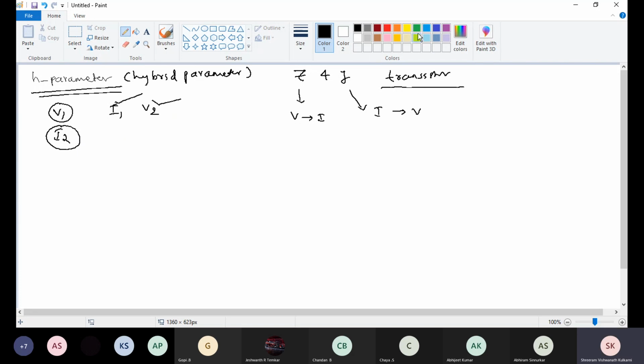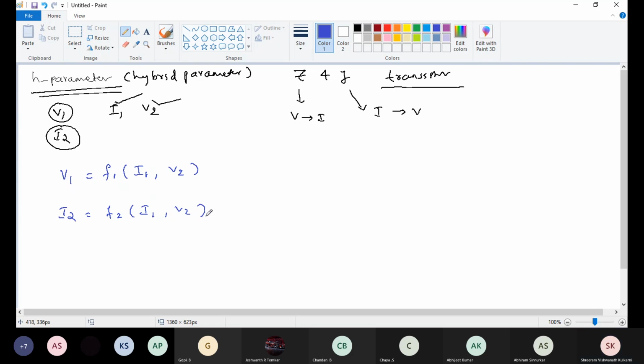I'm going to write V1 equals function F1 of I1, V2, and I2 equals function F2 of I1 and V2. Simply, input port voltage and output port current in terms of input port current and output port voltage.